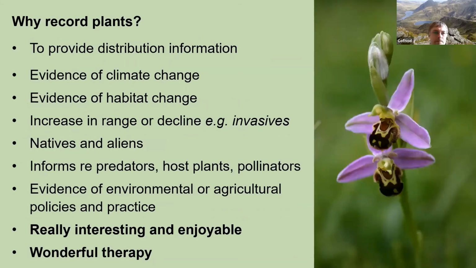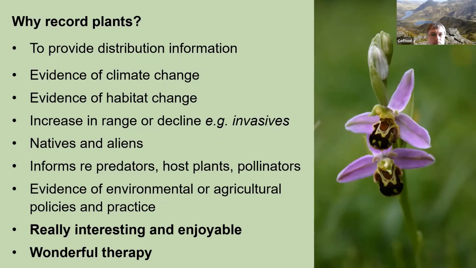So, why do we do it anyway? It's mainly to provide distribution information, evidence of all sorts of things. We need to look at increase in range or decline. It's very interesting to notice, not so much around here, but certainly in parts of Southeast England, for example, how the number of natives is declining and the alien plants are increasing. So we've got data checking on that.